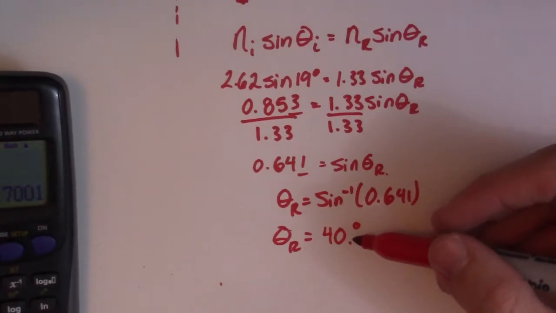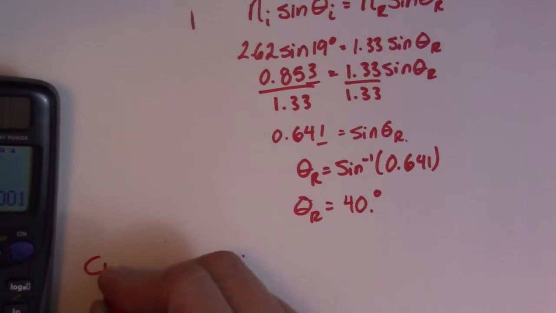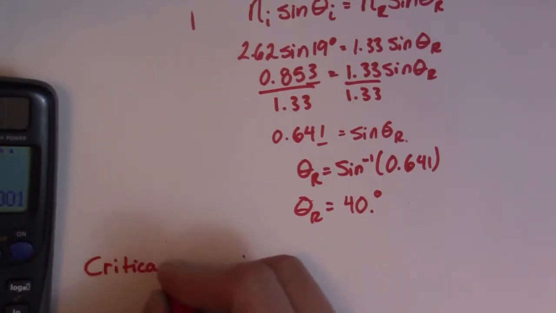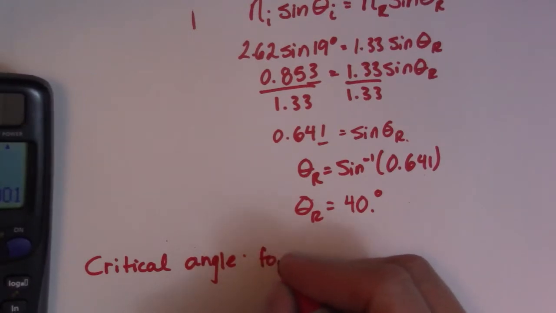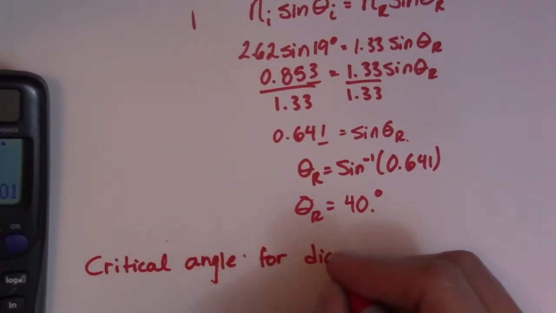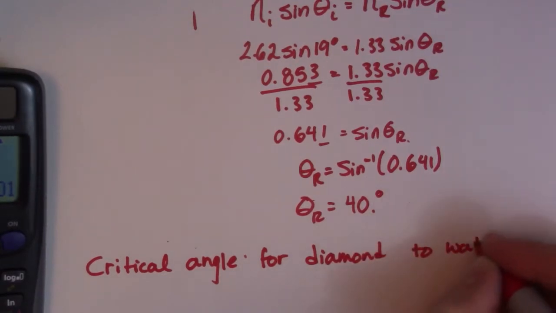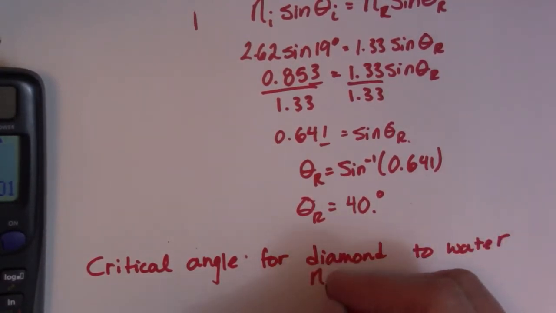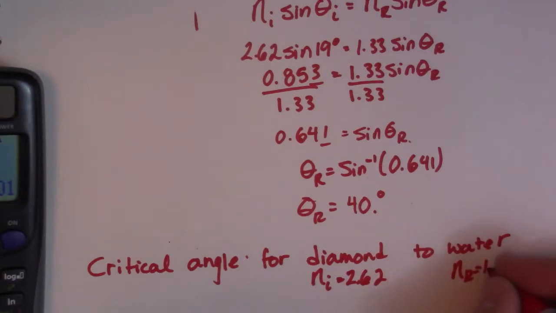Now let's say, for example, I want to find the critical angle for diamond to water. So remember that my Ni is 2.62, and my Nr is 1.33.